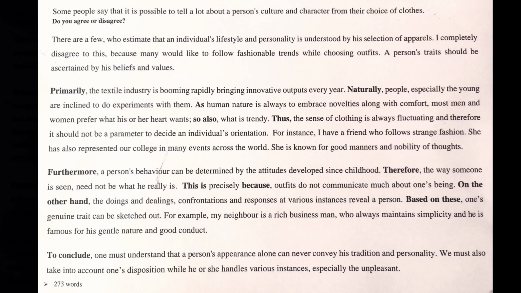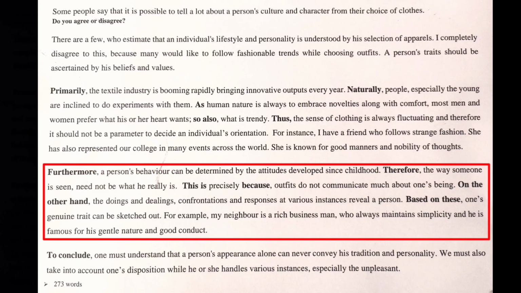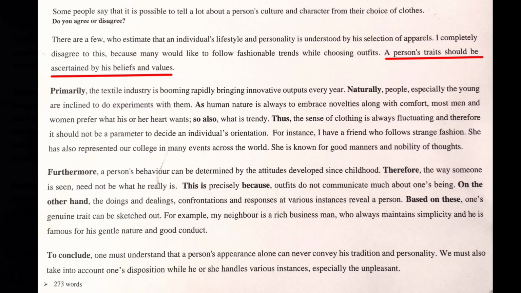Okay. Now I move on to the second main body paragraph. And here I am explaining the second point in my thesis statement. My first concern is to write a topic sentence. To write a topic sentence, I ask the question, how, to the second point in the thesis statement. How a person's traits should be ascertained. As I told you, you need not write any scientific answer based on some principles and formulas.